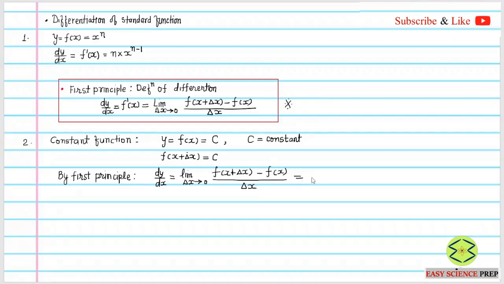I am simply using the same formula. And if you write this, it is again very simple. f of x plus delta x is c, minus c, over delta x.